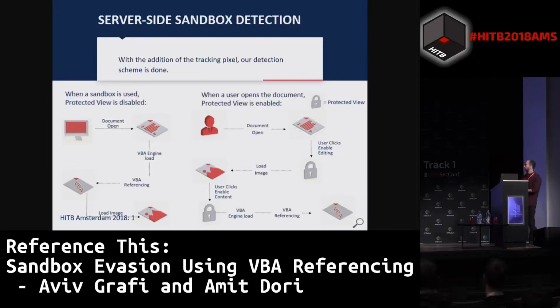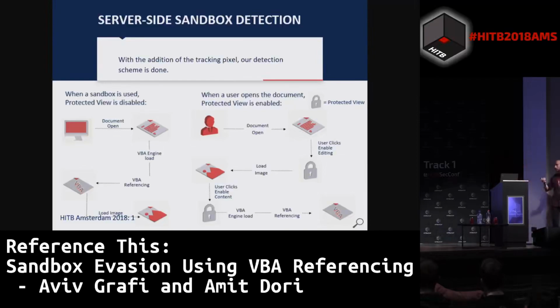And if it only contains, for example, a linked image, then you won't be seeing anything. So the user clicked through it, and actually the image is loaded. And now the user gets the second protected view warning about active content. Do you want to enable active content? And the user quite naively clicks it, loading the VBA engine, causing the VBA referencing, and fetching the code.